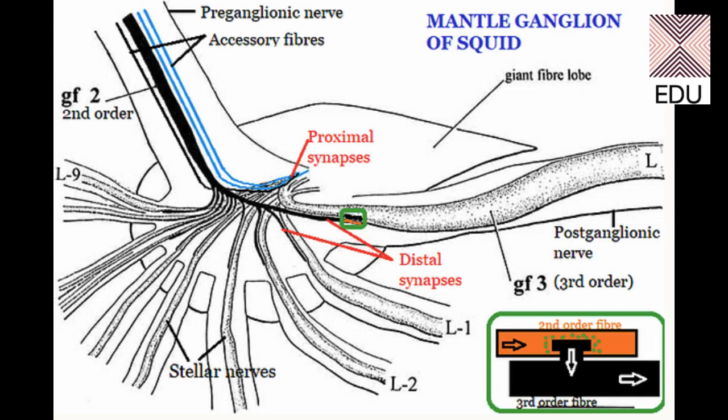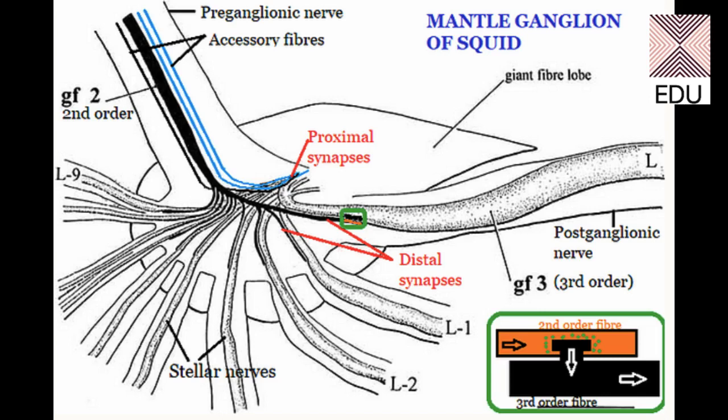And one fiber which is very thick in diameter is labeled as GF2. So this is the giant fiber 2. These are also called the second order giant nerve fibers. And here we have only a single second order giant nerve fiber, labeled as GF2.